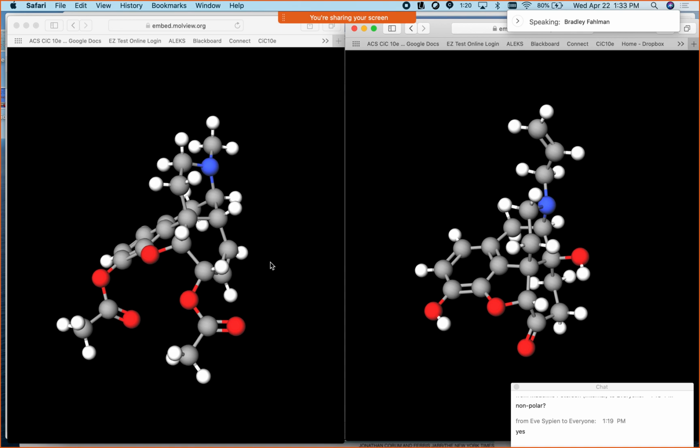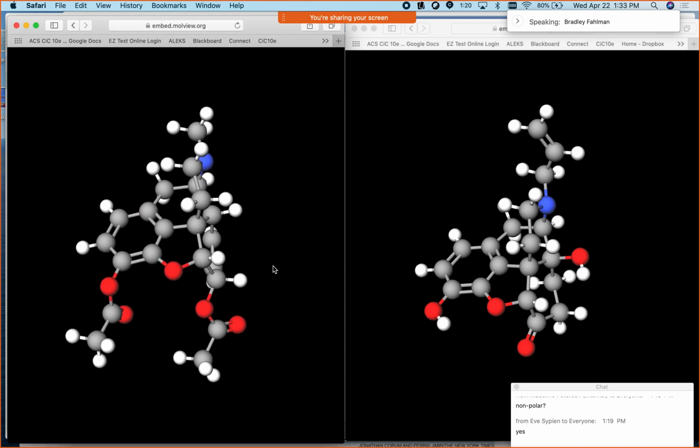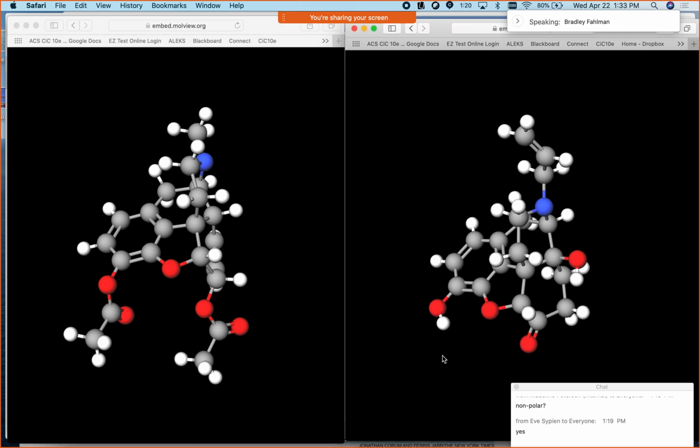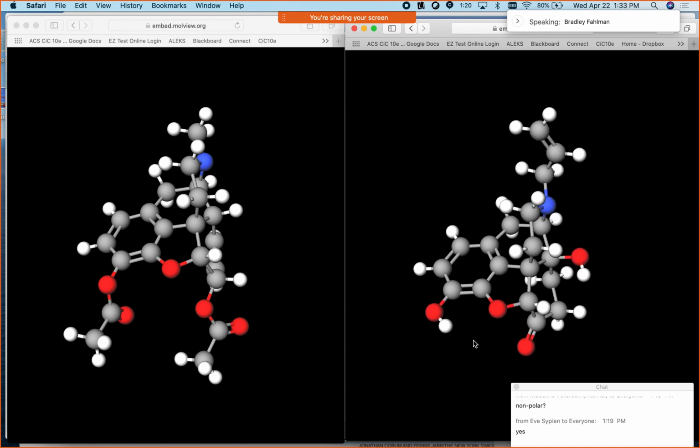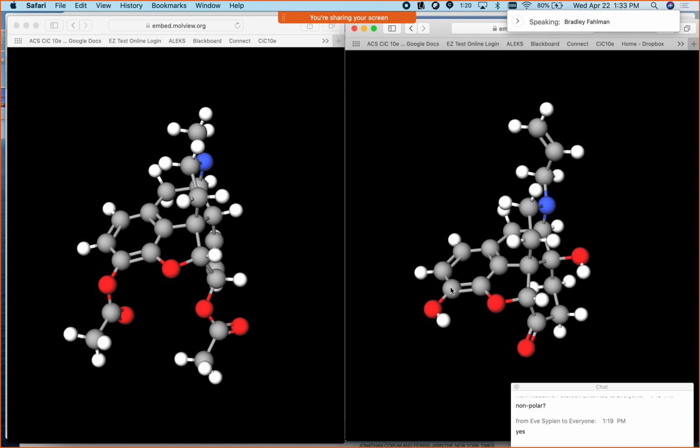And you can see, as far as the shape or the structures, they're quite similar, right? By the way, in all structures, red is for oxygen, gray is carbon, white is hydrogen, and blue is nitrogen. So you've got a similar backbone in the Narcan molecule, just different substituents, different groups off of here.